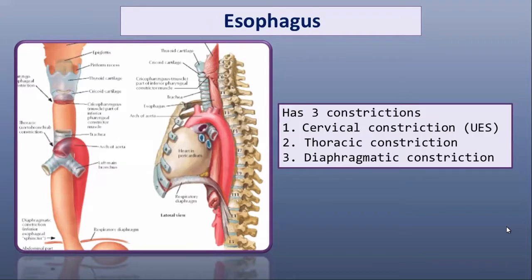So sometimes they call that constriction your bronchoaortic constriction. Okay, so again, another constriction within this area here. And another constriction occurs as it passes through the esophageal hiatus. There, as it passes through that hiatus, there is another constriction known as your diaphragmatic constriction.